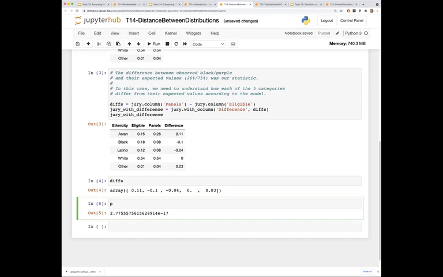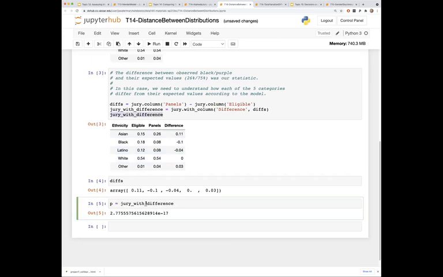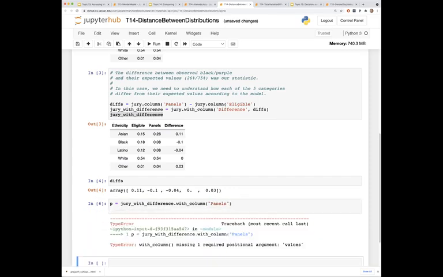So P equals jury with this difference column. Oops. Oh, sorry, not with column, I just want column.